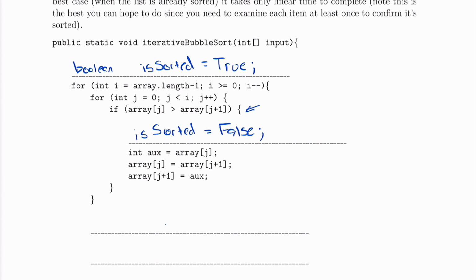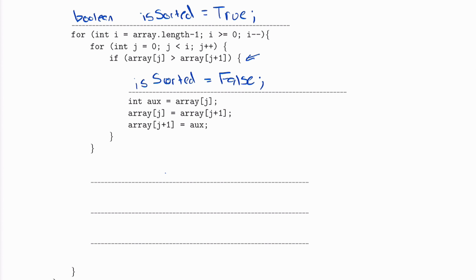Okay, so now we have this Boolean that tells us if we get to this line and we haven't made any swaps, isSorted is still going to be true.